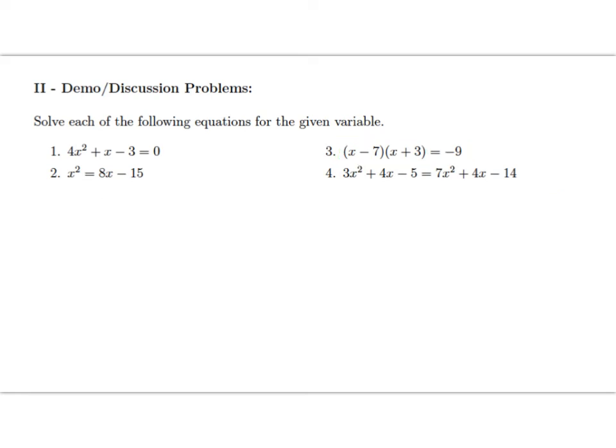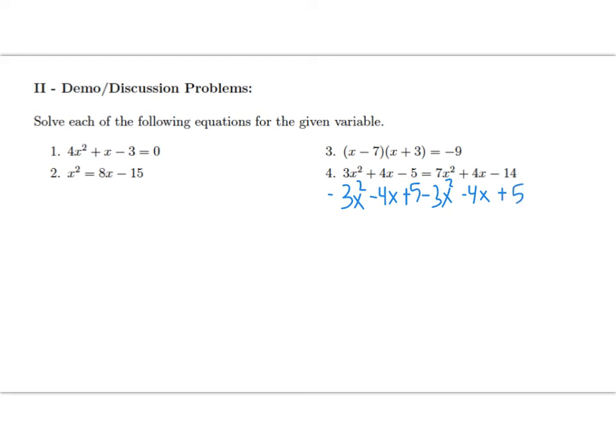Now this last problem, there's going to be a lot of effort here to get this set equal to 0. I'm going to bring everything to the right-hand side so that my x squared term is positive. So I'm going to subtract 3x squared from both sides. I'm going to subtract 4x from both sides. Interesting. And I'm going to add 5 to both sides.